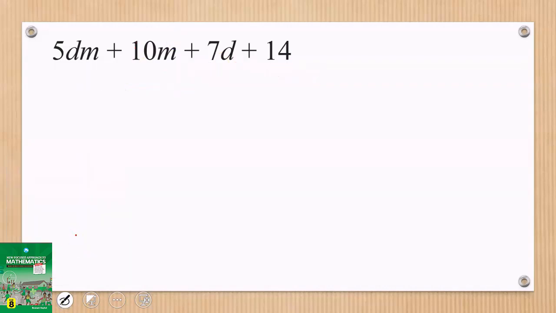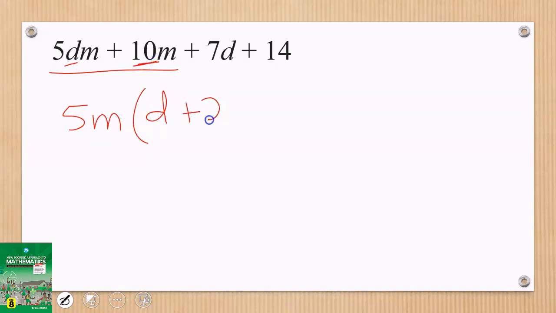So for the first two, I can see that 5 is a common factor and m is a common factor, so 5m comes out. Then I'll be left with d plus, because 5 is out, 2 is left here, so that when I multiply 5m and 2, I have 10m.